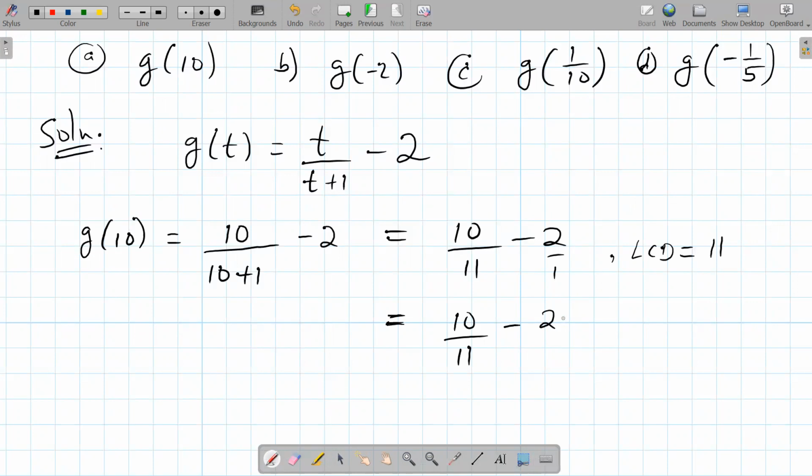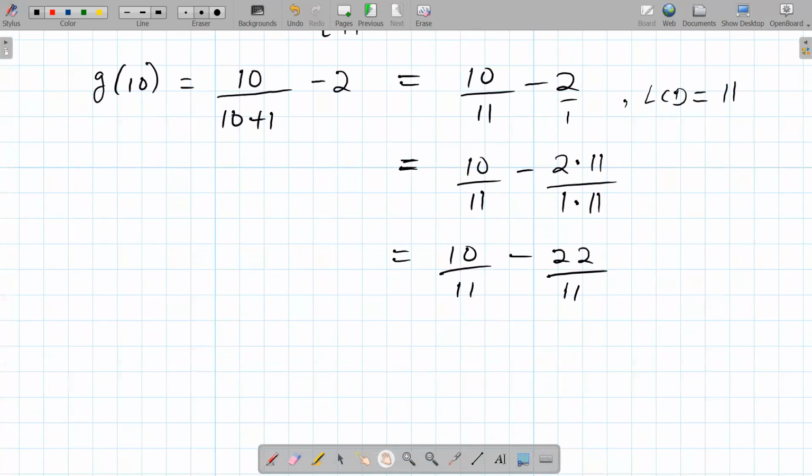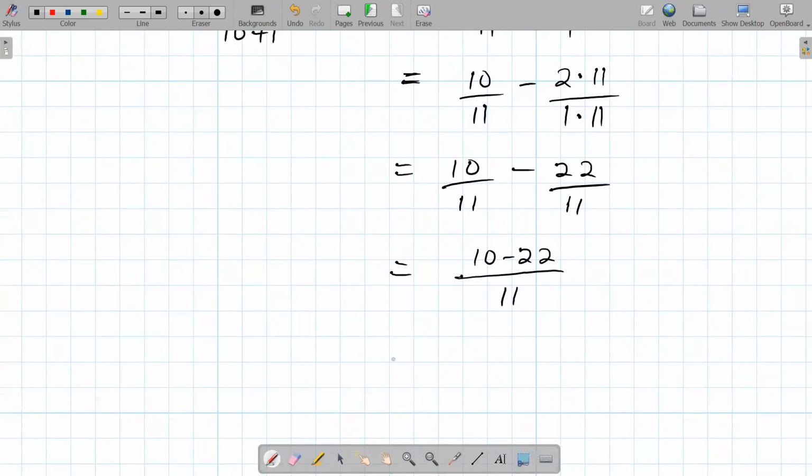So 10 over 11, and that becomes 22 over 11. Once they have the same denominators, keep the denominator the same, and then subtract numerators. Once you do that, it gives you negative 12 over 11, and that will be your answer. Done.